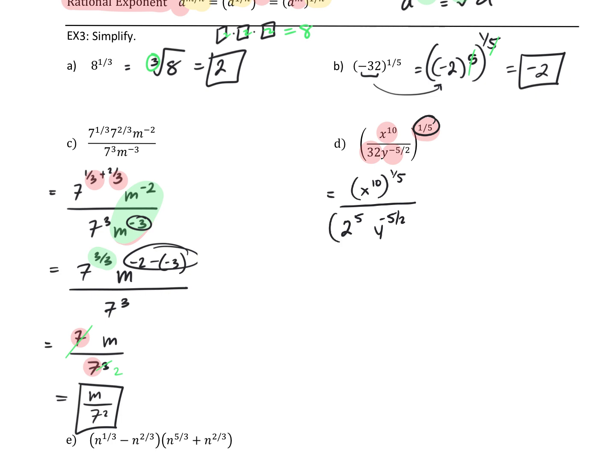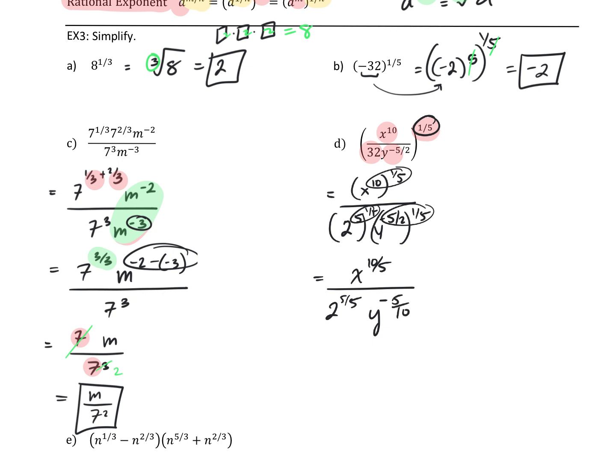And again, all of the bottom ones are still being raised to the 5th power. Oops, I didn't leave a lot of room. Okay, and then we'll use the power rule, multiply between the exponents. That'll be x to the 10/5 divided by 2 to the 5/5 times y to the negative, what would that be? -5/10.